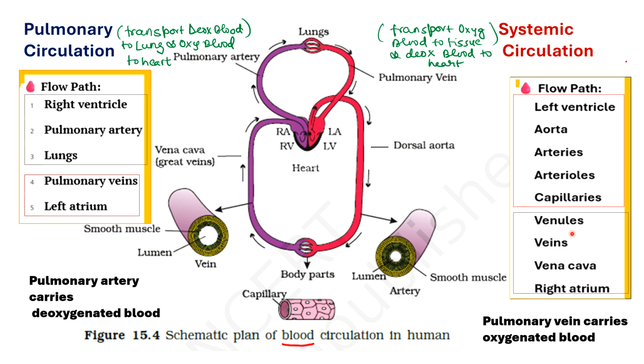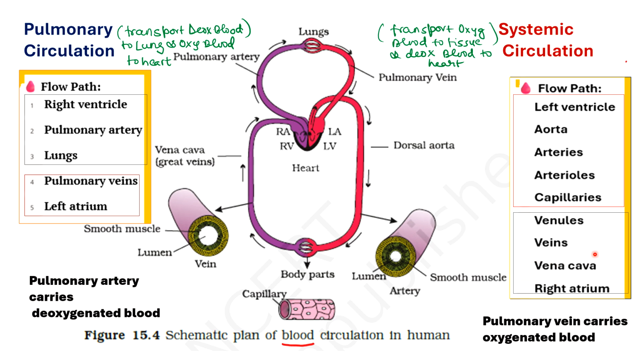From the venules the deoxygenated blood comes to the veins, and from the veins it comes to the vena cava. The superior vena cava gets the deoxygenated blood from the upper part of the body, and the inferior vena cava gets the deoxygenated blood from the lower part of the body.